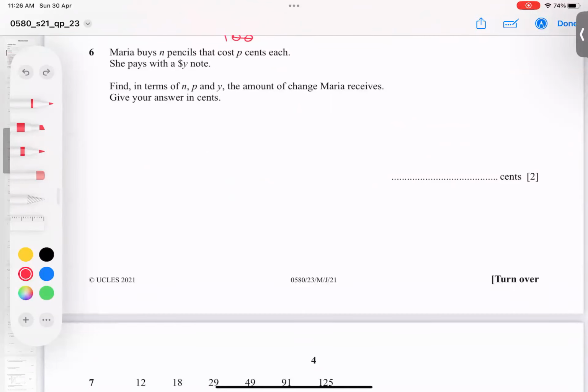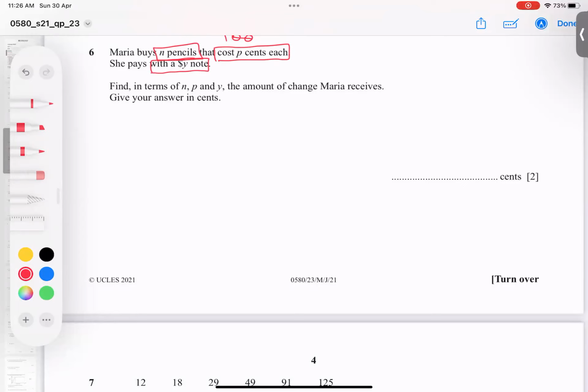Okay, Maria buys n pencils. How many pencils? n pencils. Cost of each pencil, p cents each. And she pays with a note of y dollars. Okay, sometimes a note is $100, $10, $20.